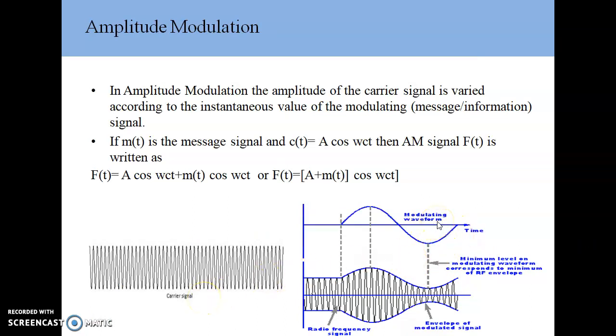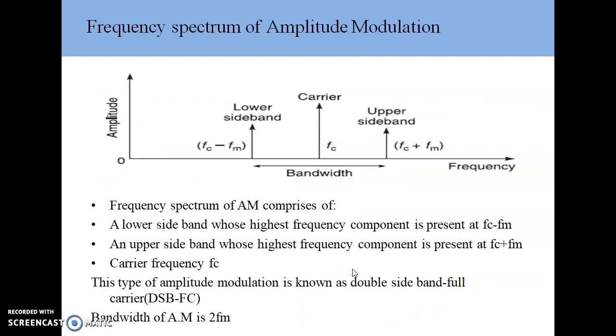Fine. Now let us see, this is the information signal, this is the carrier signal. Information signal is a low frequency signal, carrier is a high frequency signal. Now we are going to vary the amplitude of the carrier according to the instantaneous value of our information signal. Instantaneous means our information signal is varying continuously at every instant. So as the amplitude of the information signal increases, the amplitude of the carrier will increase.